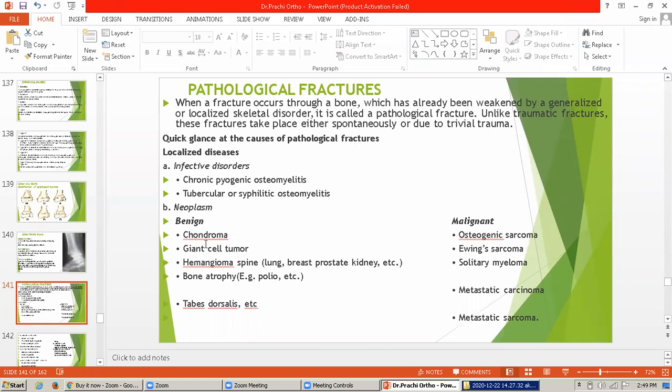In the benign, there is chondroma, giant cell tumor, hemangioma, spine of lung, breast, prostate, kidney, then bone atrophy, for example, polio, tabes dorsalis, etc. And in the malignant, there is osteogenic sarcoma, Ewing's sarcoma, solitary myeloma, metastatic carcinoma, and metastatic sarcoma.